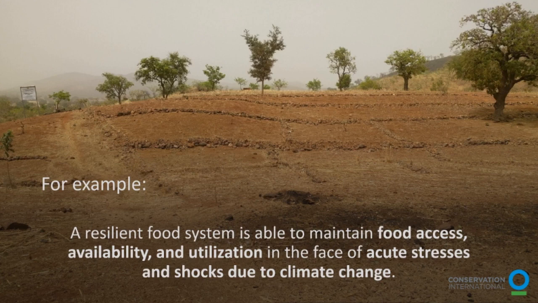But if the focus of your project is on climate change, then I would suggest a definition like this might make sense. Of course, as I said previously, it's important to consider how you define resilience in the context of your project. So ensure that you're capturing those stressors and shocks of relevance, as well as those aspects of the system that are relevant to your work.